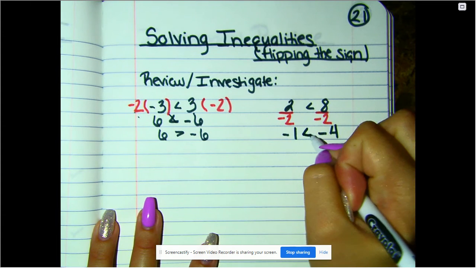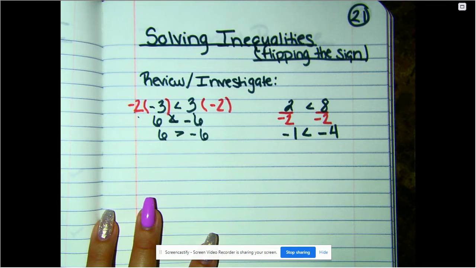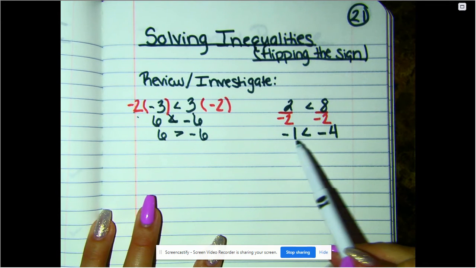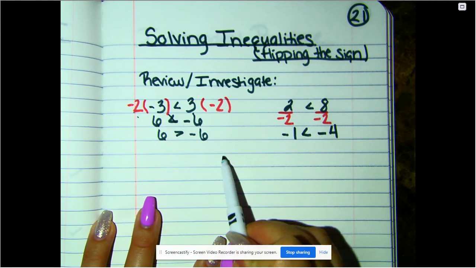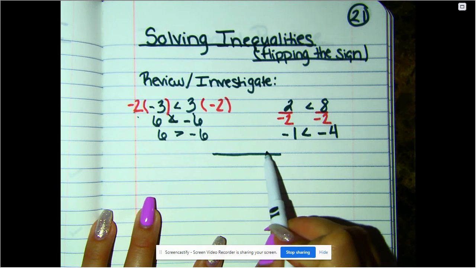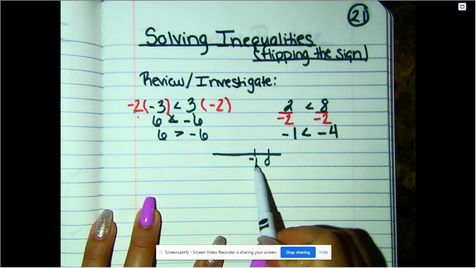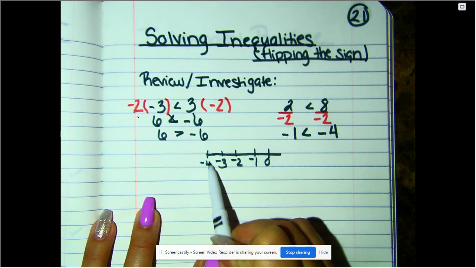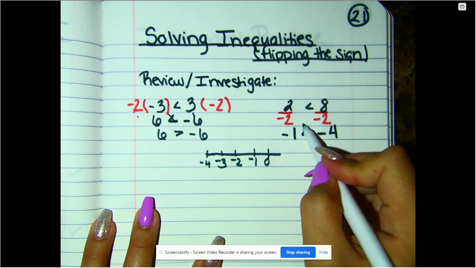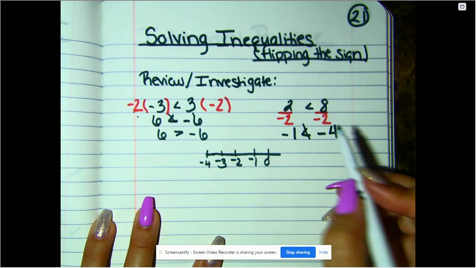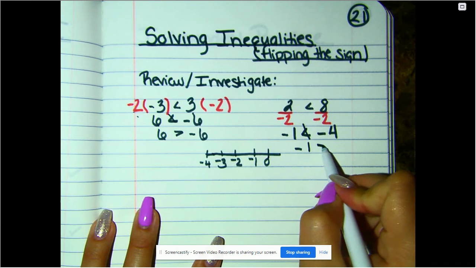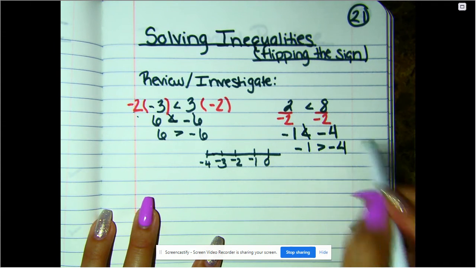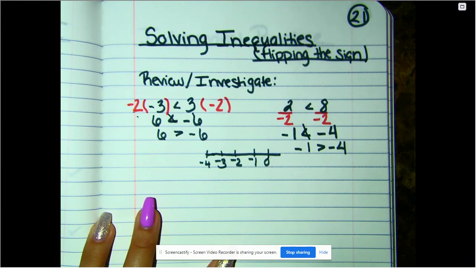My inequality sign originally says it's supposed to be less than: -1 is less than -4. But if you draw out that wonderful little number line with 0 here, you will see that -1 actually is greater than -4. So this is now not true, and all you need to do is flip around the inequality sign to make the statement true again.